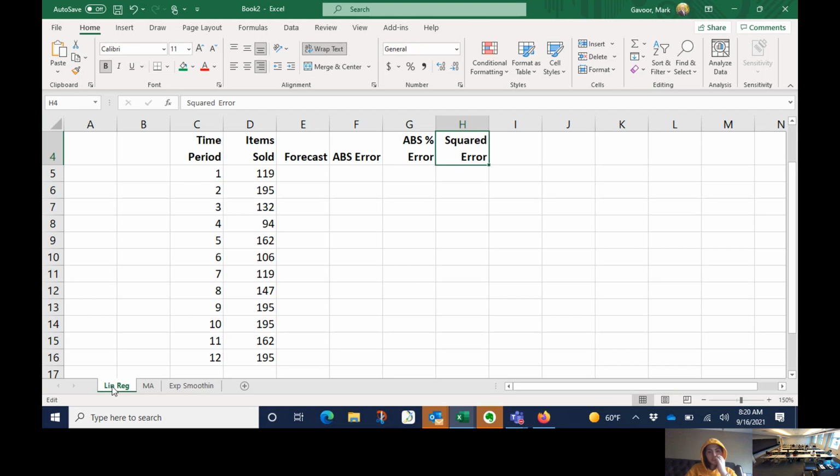Do you have a laptop? No, I don't have one. This is Excel for the iPad.